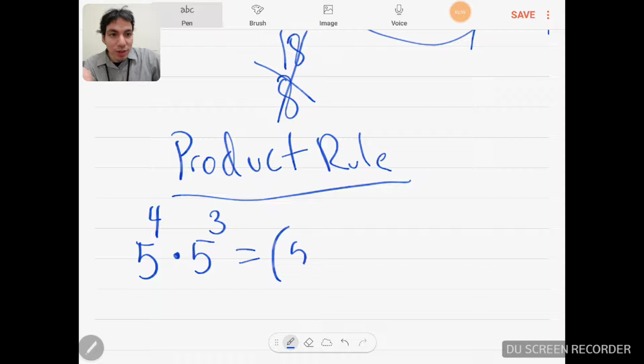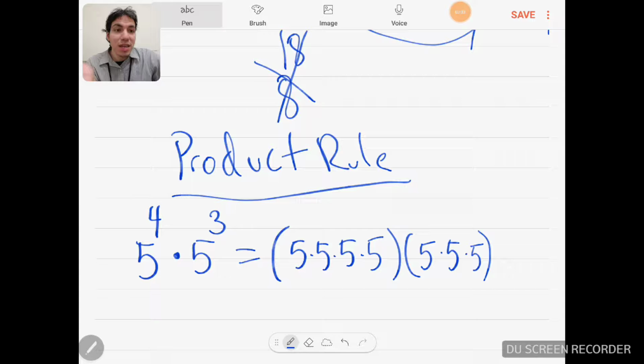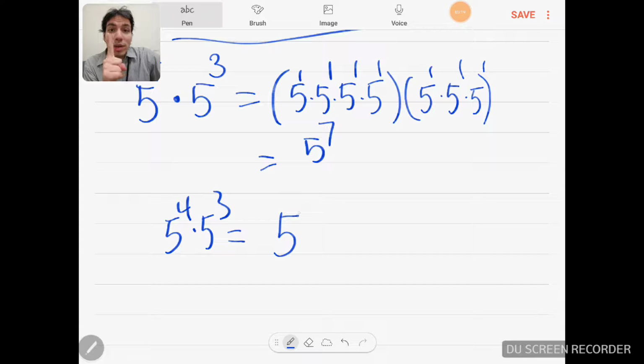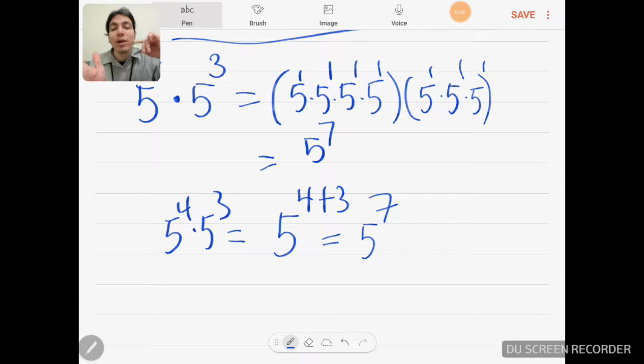I write out 5 four times, multiplied by 5 three times. Now I simply count how many 5s there are, and I'm left with 5 to the 7th. Or, to make things much easier, I take 5 to the 4th times 5 to the 3rd, write one base, 4 plus 3, and I get 5 to the 7th power.